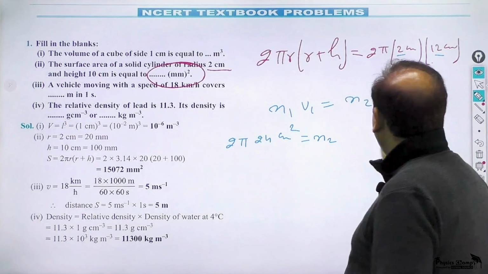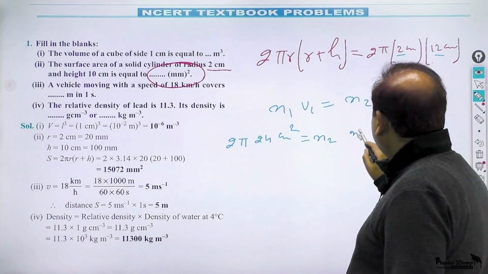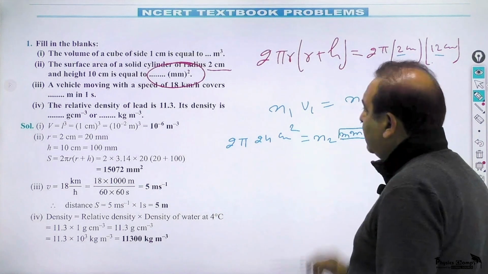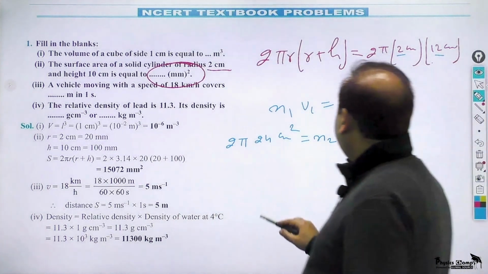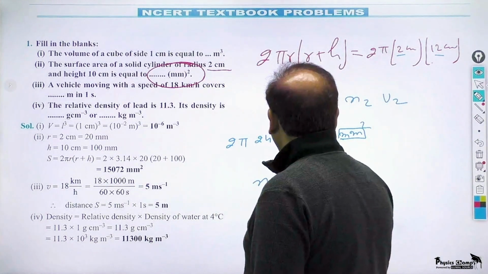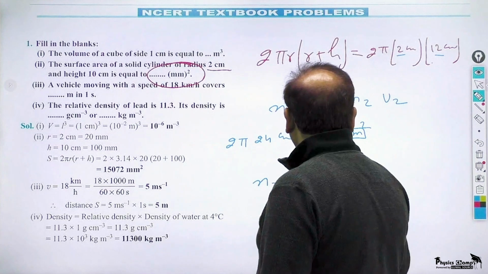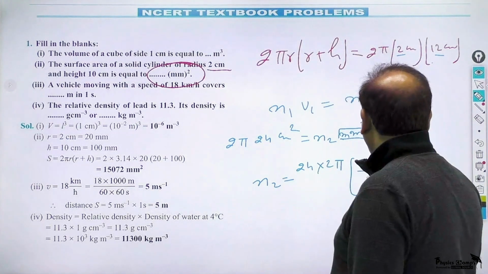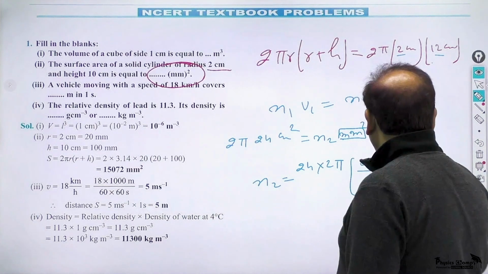So how much is its numeric value in millimeter square? We'll say n2 is 24 into 2 pi into centimeter square divided by millimeter square.